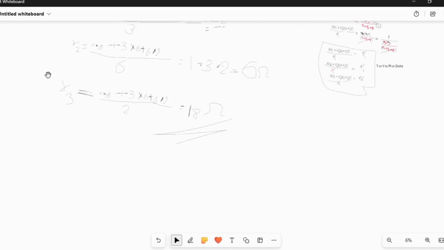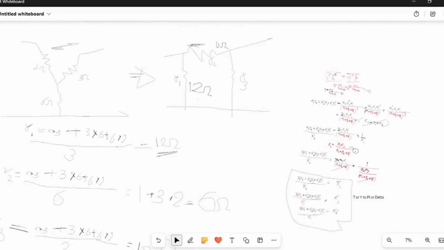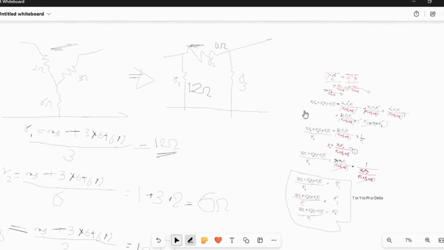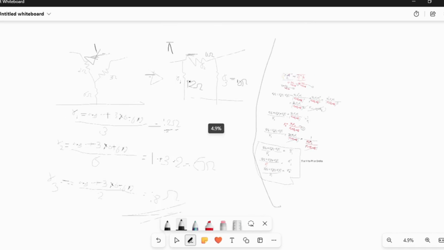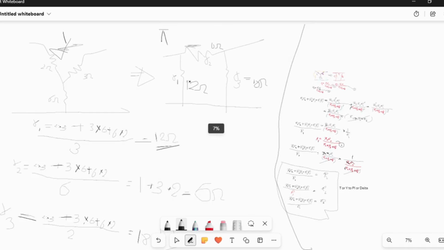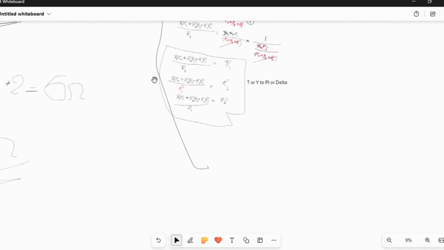It is 18 ohms. So that's how we did the Y to pi or delta transformation, and these are the equations that we used for the transformations.